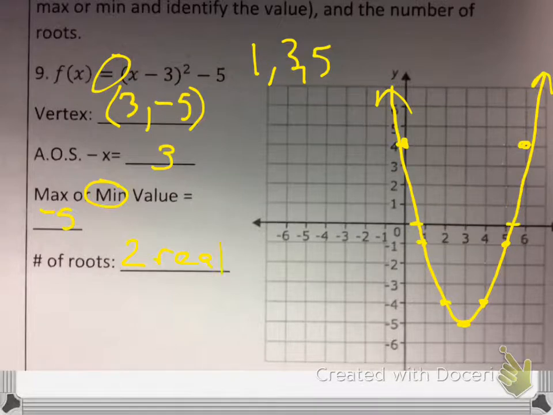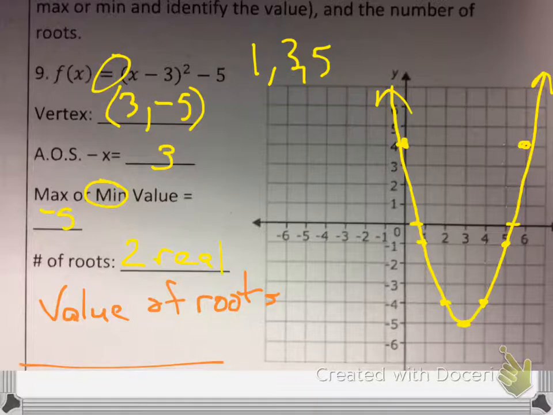Now, if I have 2 real roots, I would like you to tell me what those are. I forgot to put that blank here, but again, value of roots. So this is where you would go to the calculator, graph it, of course, type in parentheses x minus 3, close it, squared, minus 5, and then press menu 5-1.